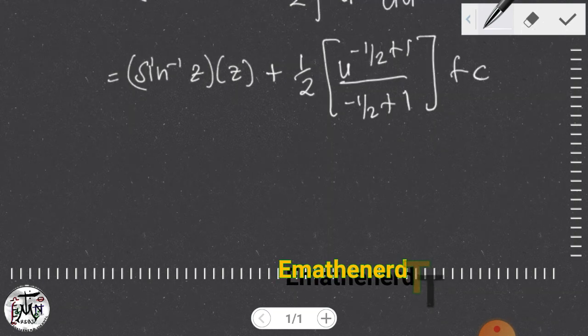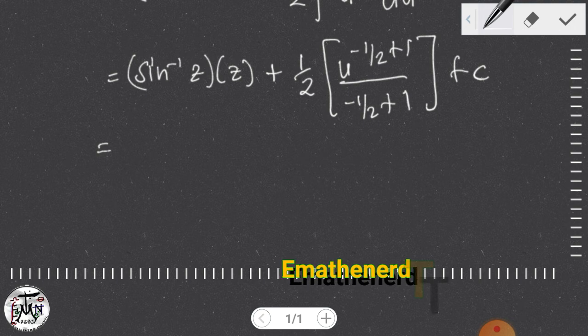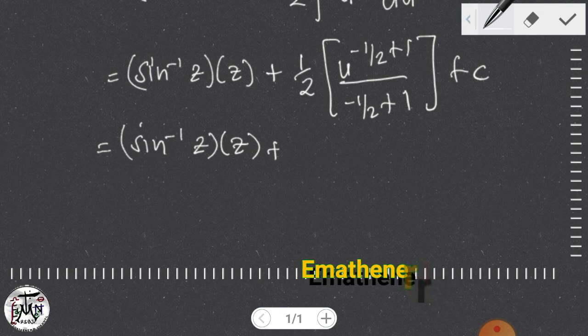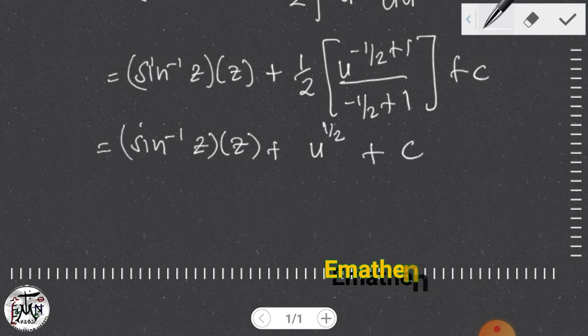We simplify: negative 1/2 plus 1 is 1/2, and the 1/2 cancels. The remaining is u to the power 1/2 plus c.